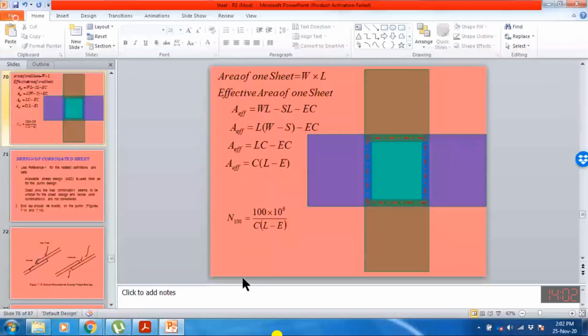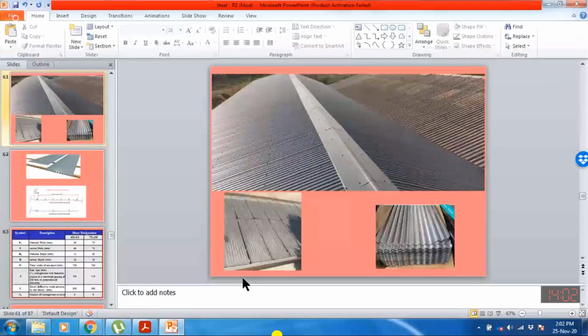Okay, here. This lap that we are providing here is the side lap and this is the end lap. I already told you that along this side lap we connect with the bolt, and this bolt spacing should be 300 millimeter.